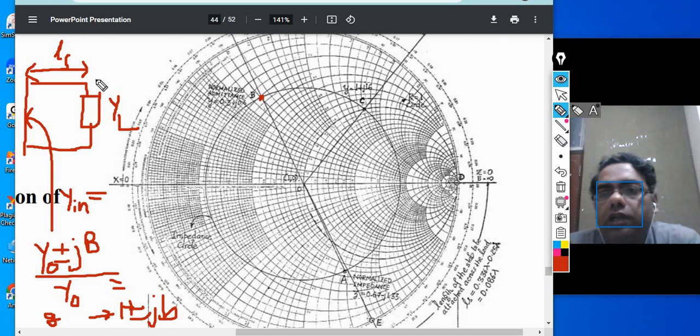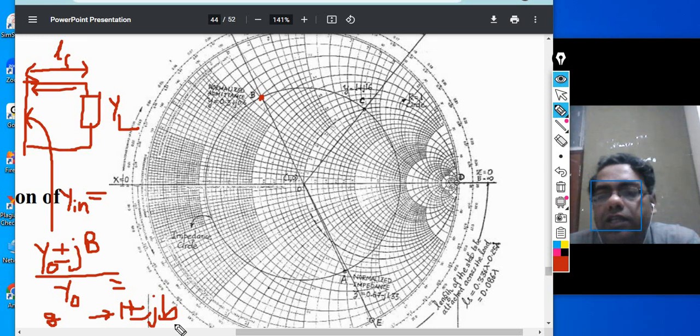Now we want that at a distance away from the load, we have to travel that much distance away from the load towards the generator, so that the input admittance is of this form 1 plus minus jb normalized.